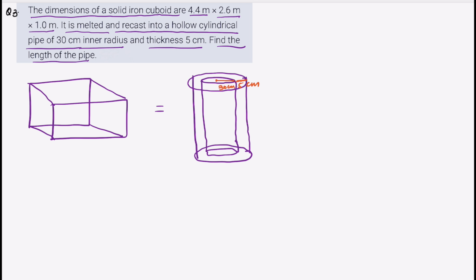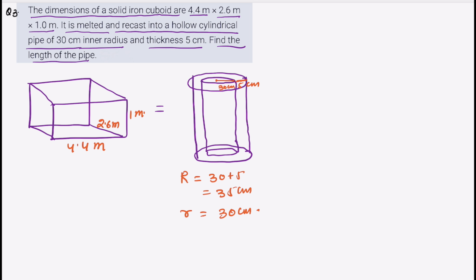So from here, let's say the outer radius will be equal to small r plus thickness, that is 30 plus 5, that is equal to 35 centimeter, and the small r, that is the inner radius, is 30 centimeter. Okay, and we are given the dimensions of this cuboid, that is length 4.4 meter, breadth 2.6 meter, and height 1 meter.